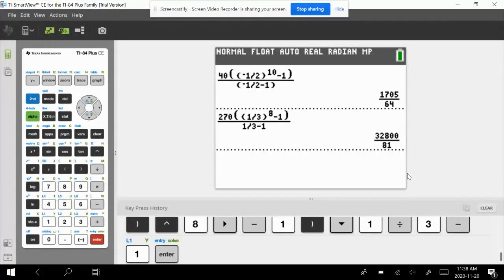It gives us 32,801. Sorry, 32,800 over 81, and that is going to be the answer for this sum over here.